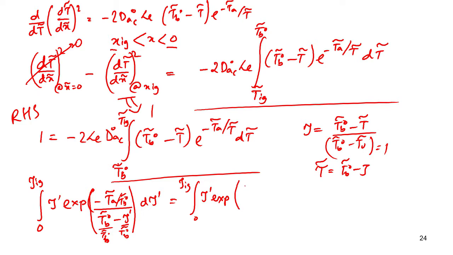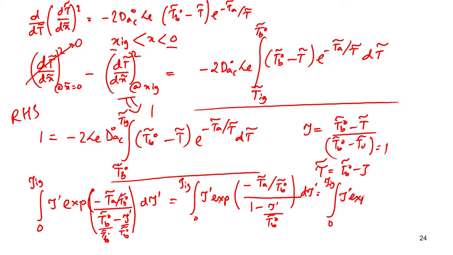exponential of minus Ta tilde divided by t_b0 tilde minus tau tilde. This tau tilde is a small quantity because tau tilde is close to t_b0 tilde. So tau tilde is definitely much smaller than t_b0 tilde, and if this is a small quantity we can expand it, and if you recognize, this is the Arrhenius number.